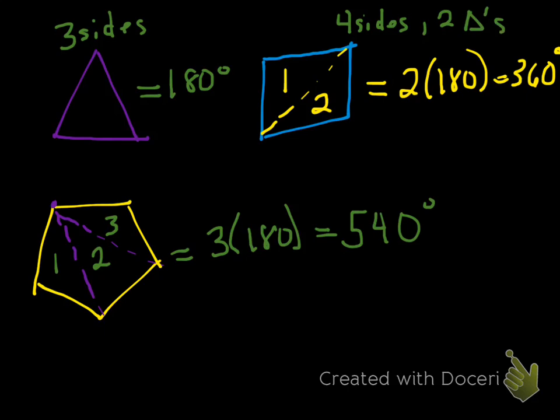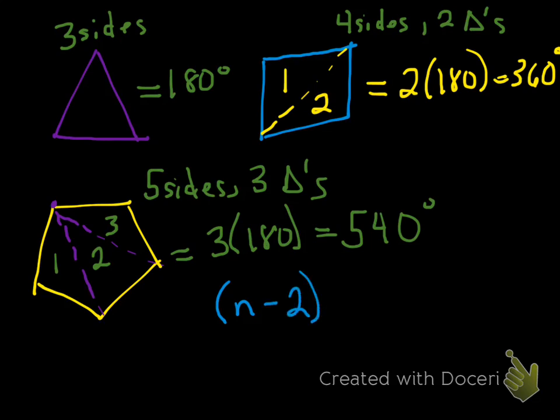Right? The pentagon has 5 sides and 3 triangles. That means that for any polygon, you take the number of sides, so n is going to be number of sides, you subtract 2 and multiply that times 180.